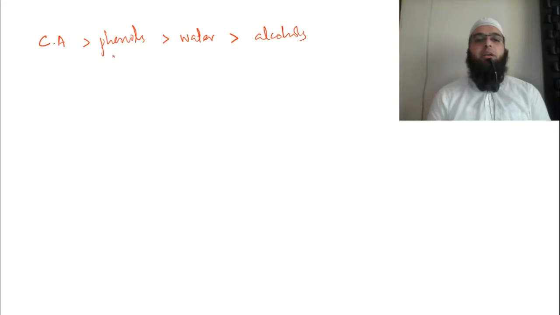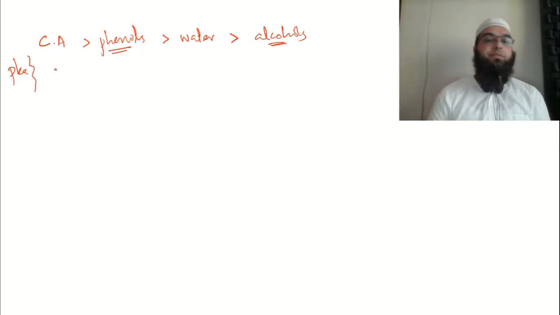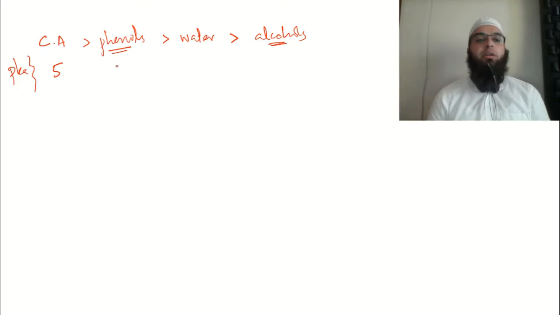So there is a large difference in the acidity of phenols and the alcohols. If we compare the pKa values of these particular acids, then the pKa value of carboxylic acid is 5, for phenols it is 10, for water is 14, and for the alcohols it is 18.